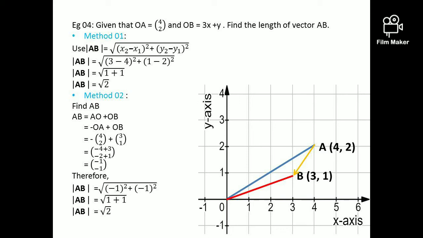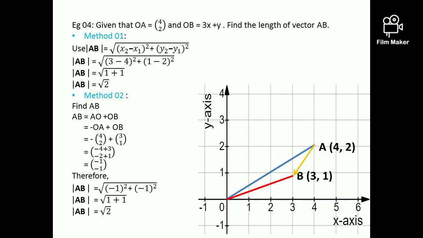Then the second method is we will form a vector equation for AB. You can say AB is equal to AO plus OB, whereas the available vector is OA. (4, 2) is the vector OA, but we need to find AO. So instead of AO, you can write minus OA plus OB.